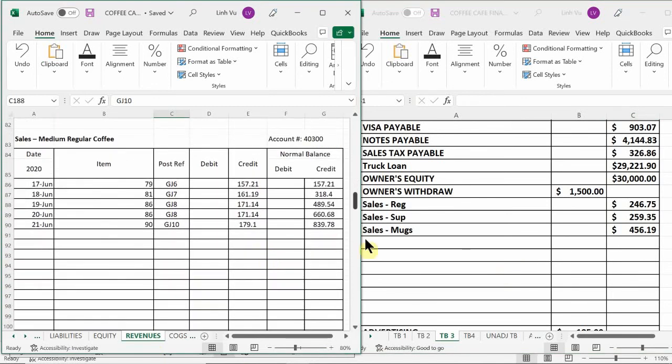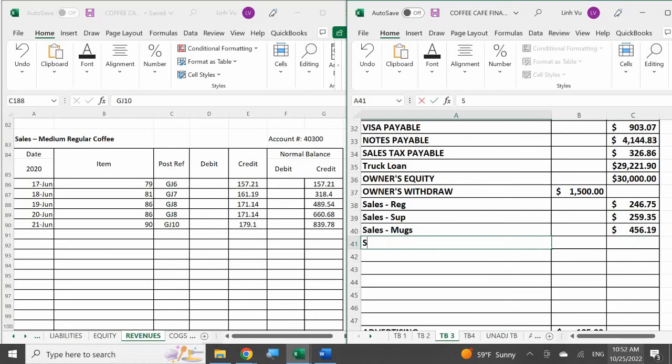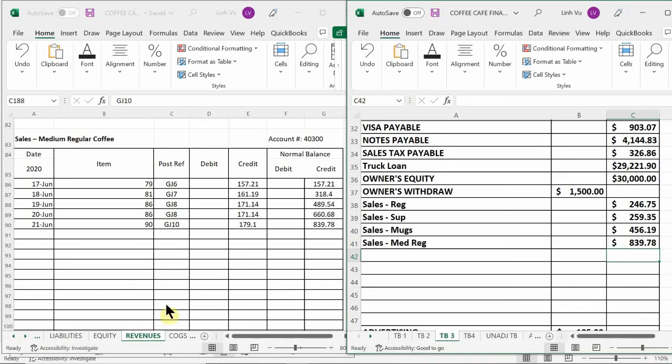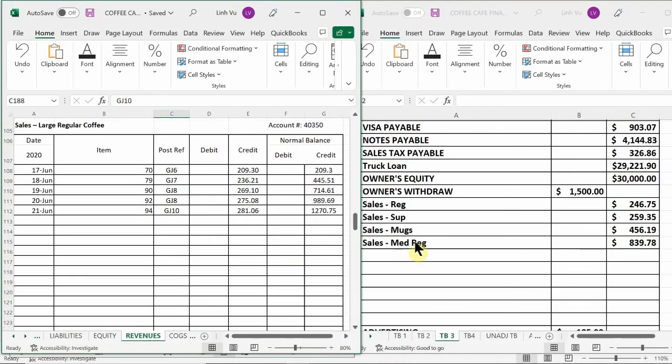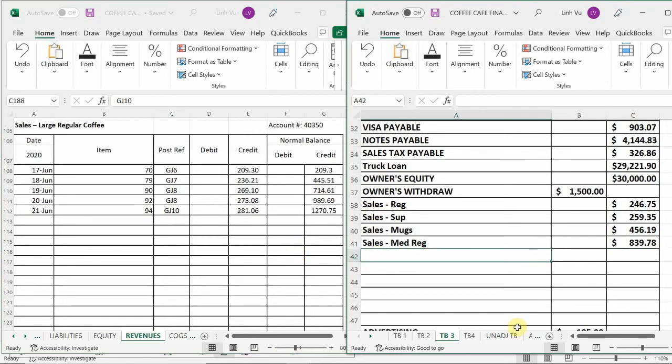Sales for the medium regular? 839.78. Okay. Good. Next is my large regular. 1270.75.